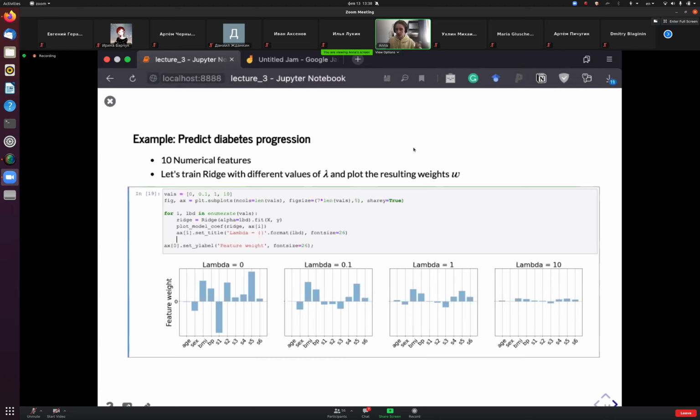The difference with the orthogonal case is that we also account for how much the feature contributes to the model performance. If it contributes nicely, so if it's a very important feature, then probably the shrinkage will be smaller. If the feature was not really useful, then the coefficient might shrink much more.